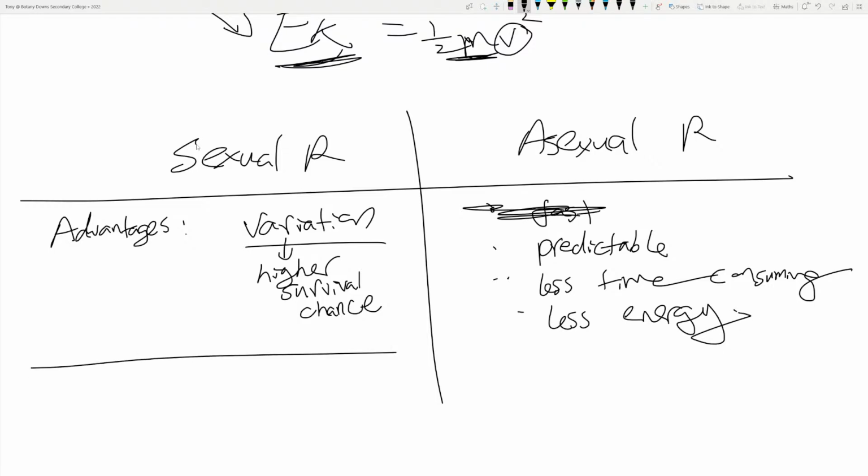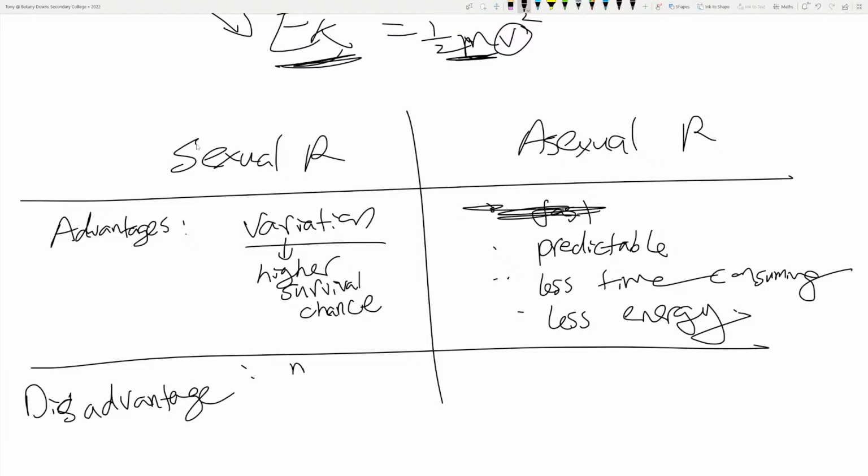Now the disadvantages are literally the opposite. Sexual reproduction takes more time, so it's much slower, and you have to invest more energy in finding a partner and actually making the gametes.